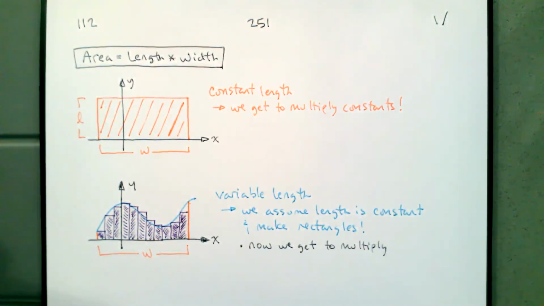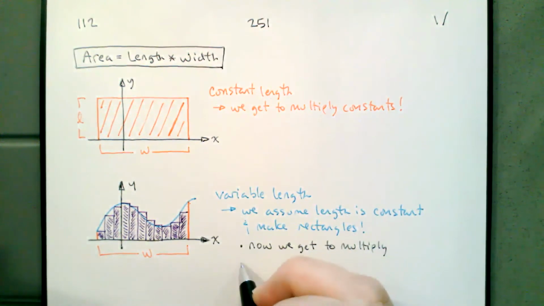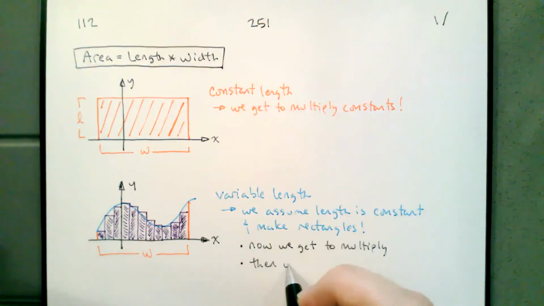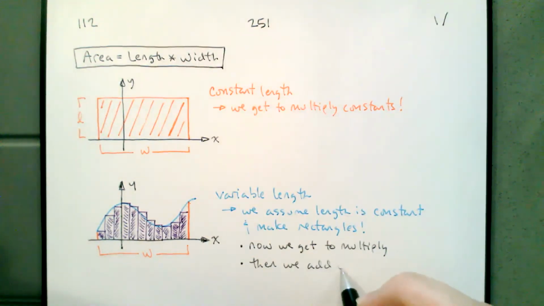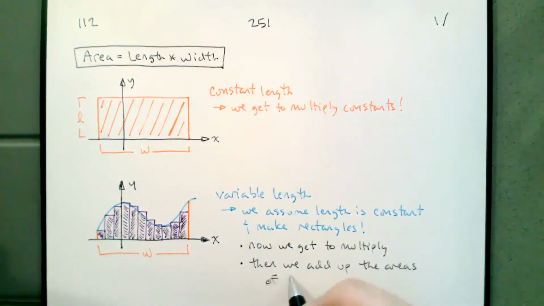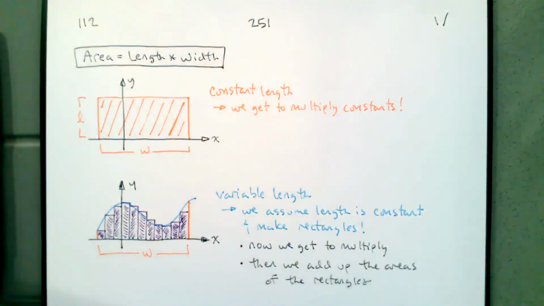So then we have to add up the areas of the rectangles. Once we have this low res version of the shape or the area that we're looking for, we get to use multiplication. Then we just have to add up the areas of all the rectangles.